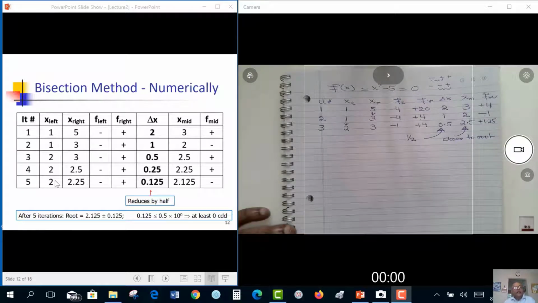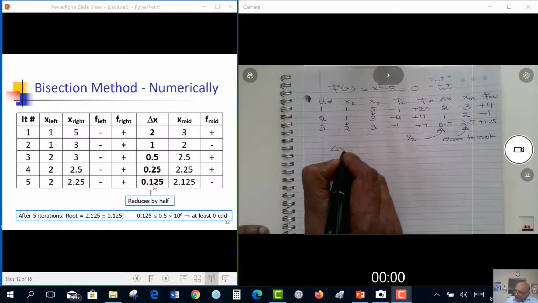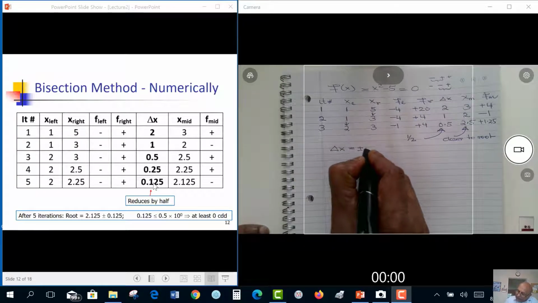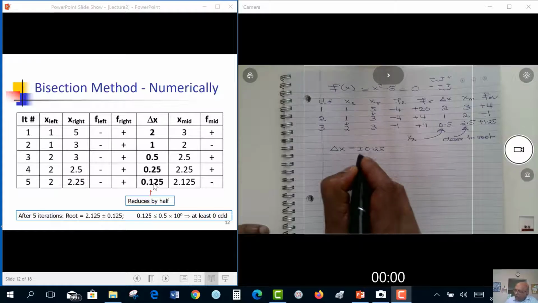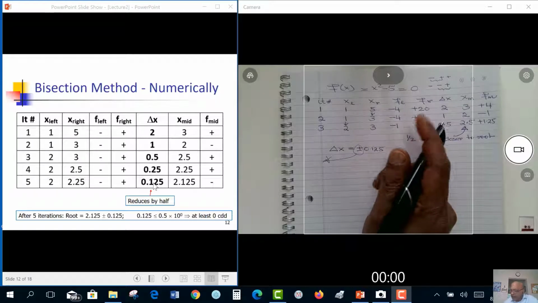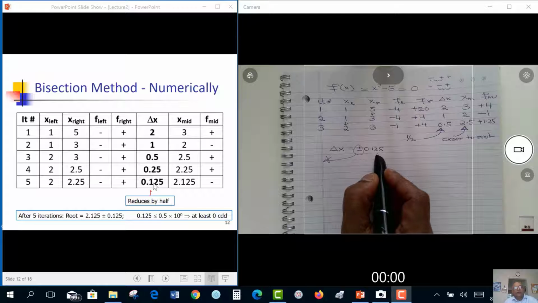So you can see that if we continued for 5 iterations, after 5 iterations, we would say our root is 2.125 plus minus 0.125. So let's talk about this delta x, which is our uncertainty, plus minus 0.125. We don't care usually about the sign. So whenever we are talking about uncertainties, it is understood it is plus and minus. We only talk about the magnitude.